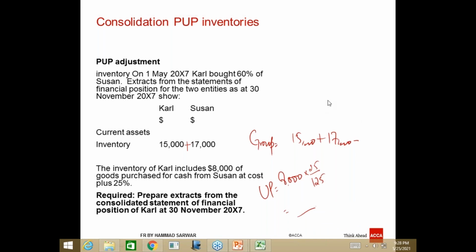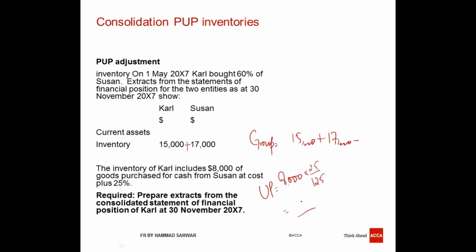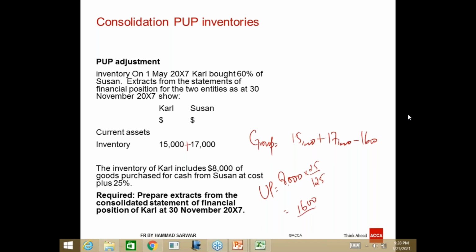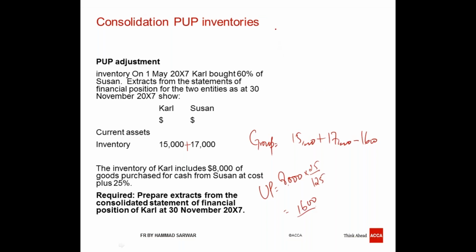So unrealized profit is 1,600. So when you deduct 1,600, the value will be 30,400. That's my answer.